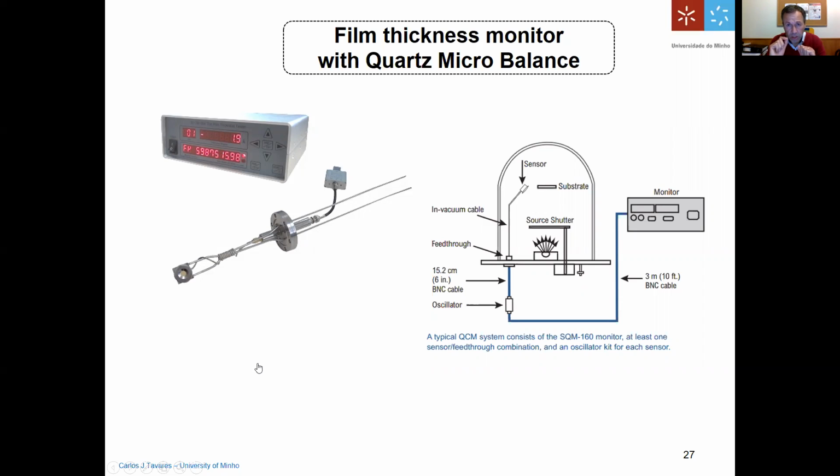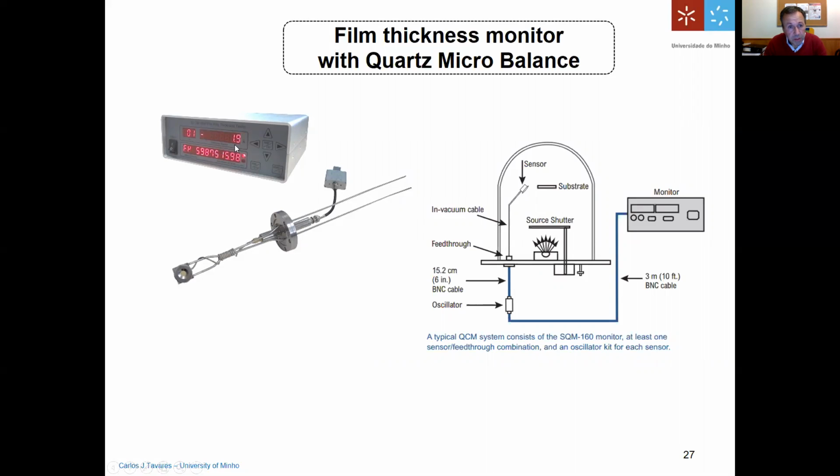We call it a thickness monitor or a quartz microbalance. And you can see it here. You need a flange which will attach the measuring head to your system, an oscillator, and a controller which will read out the thickness of the growing film.